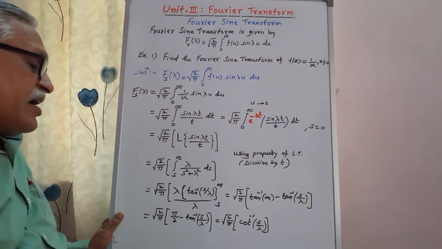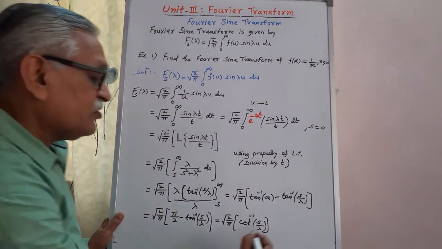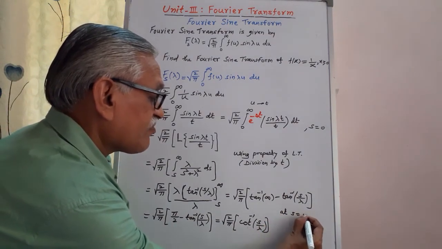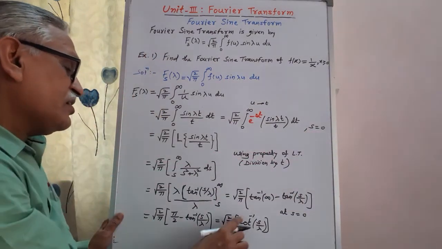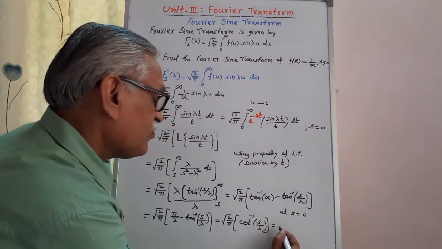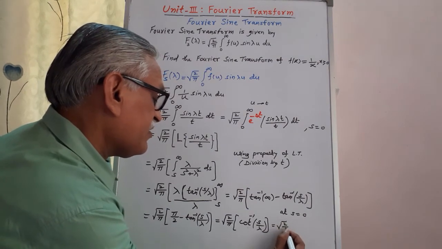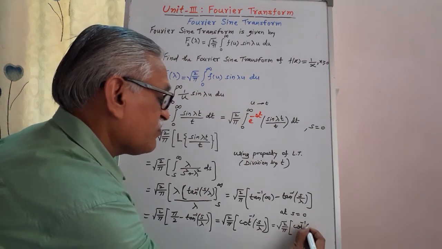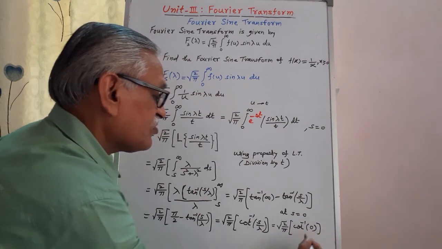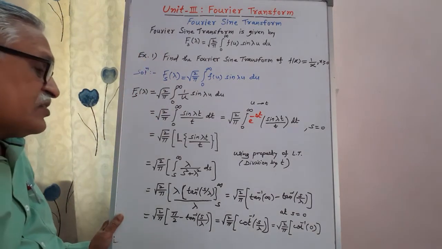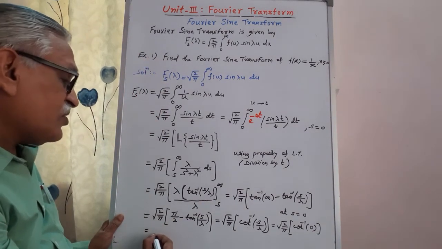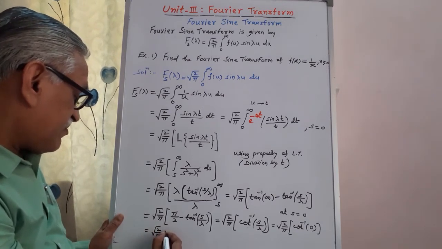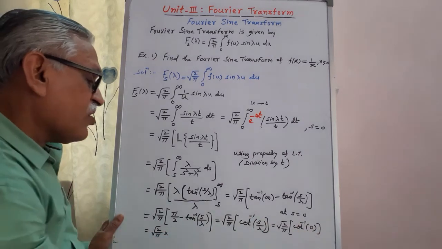Then put s equal to 0 here, it becomes cot inverse 0, and therefore it is root 2 by pi into the value of cot inverse 0.